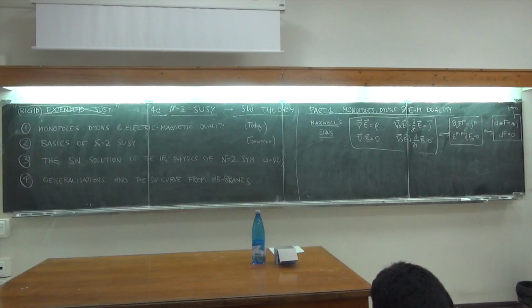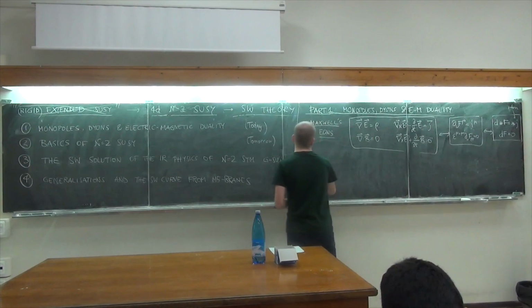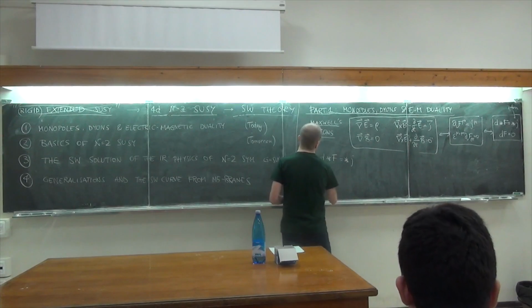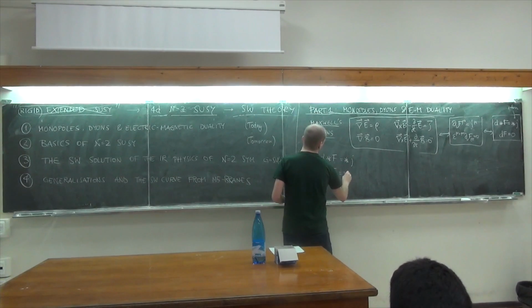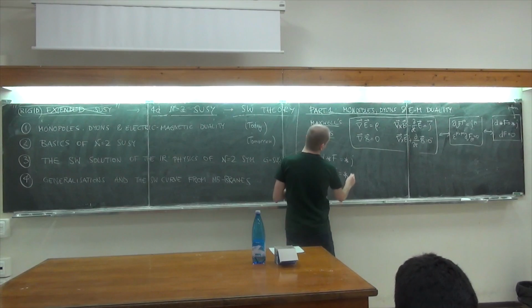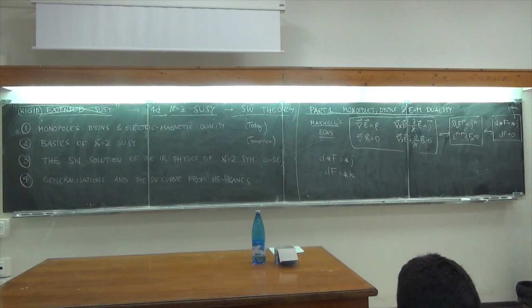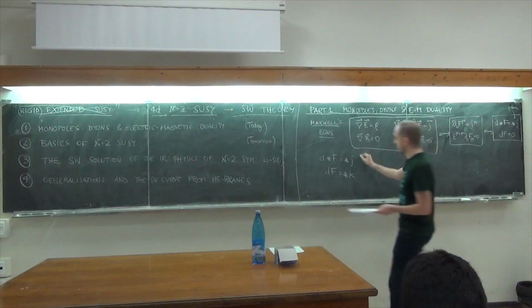So in particular, you would like to have something like d star F equals star j, but also dF equals star k, where k is a magnetic current 1-form.